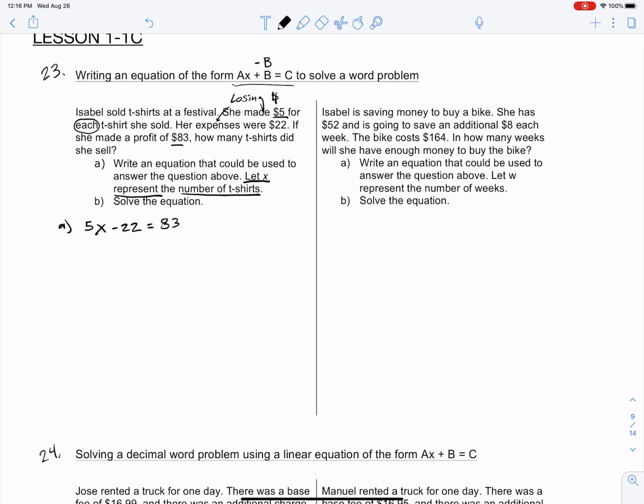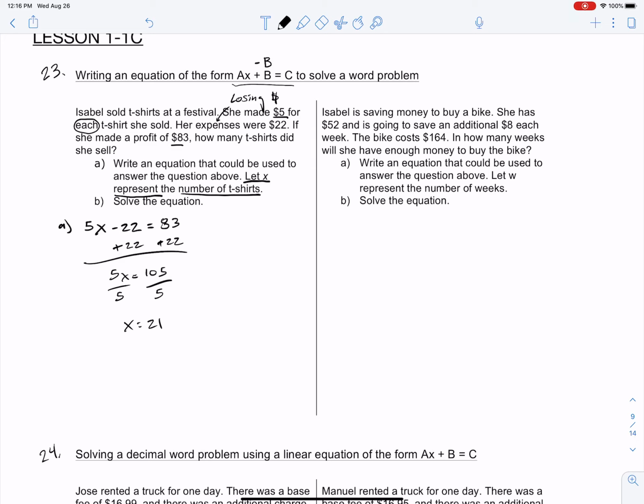So that was part A. Part A just wanted us to create an equation, but part B wants us to solve. So let's go ahead and do that. Plus 22, plus 22. 5x equals 83 plus 22, which is 105. Divide by 5 from both sides. x equals 21. 21 what?